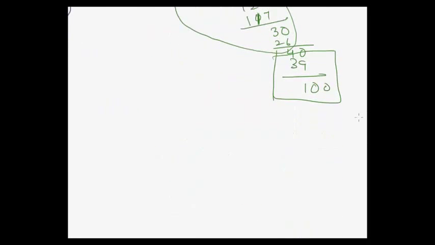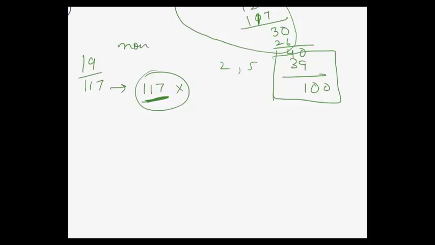Now let us have one more example. Say 19 over 117. Again its prime factorization has some prime factor other than 2 and 5, so it will be a non-terminating and repeating decimal expansion.